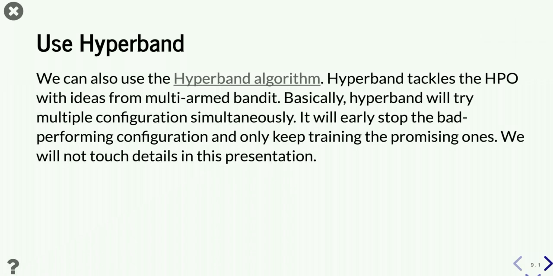But hyperband borrows ideas from multi-armed bandits, and it tries to explore multiple configurations simultaneously. During this process, it early stops the badly performing configurations and only keeps training the promising ones. In this presentation we will not touch on details, and if you are interested, you can check the original hyperband paper.